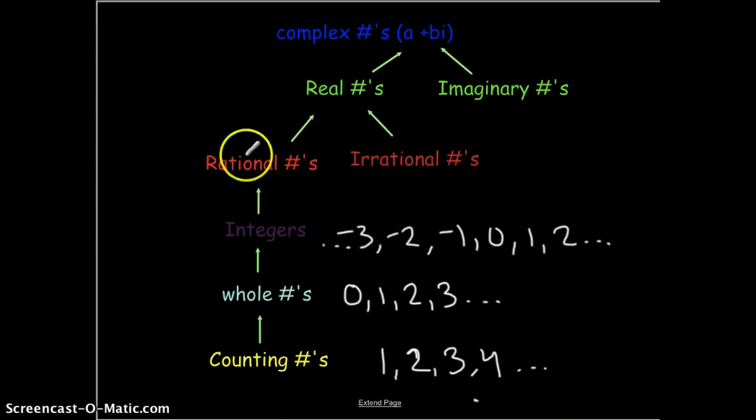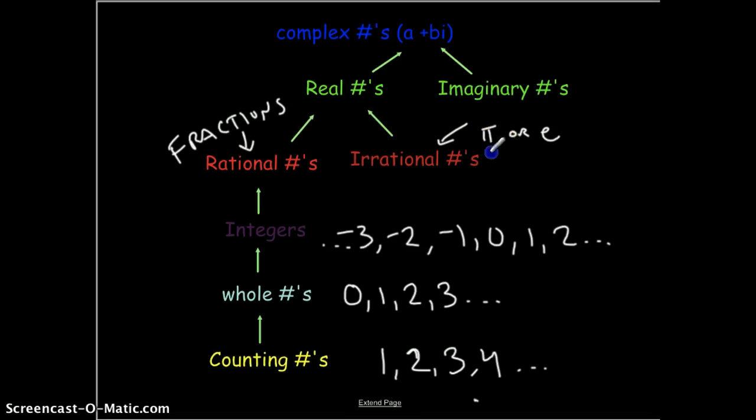Then you get up into rational numbers, and those are your fractions. Anything that can be written as a fraction is a rational number. And then we have irrational numbers, something like pi or e.